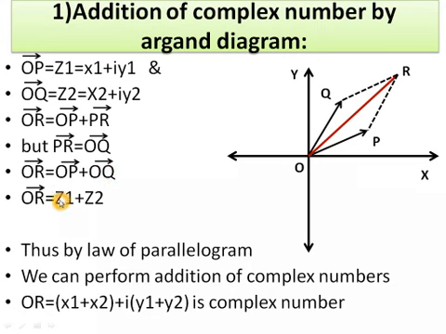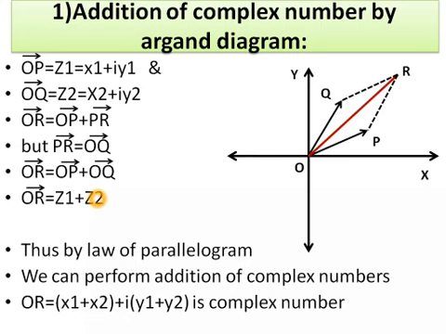And OP is nothing but Z1 and OQ is nothing but Z2. So in order to add two complex numbers, Z1 and Z2, the law of parallelogram can be used and the addition process can be performed or understood with the Argand diagram.